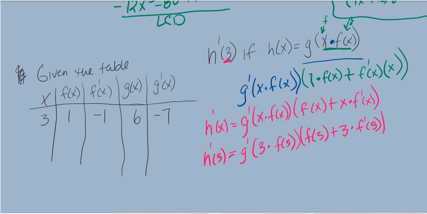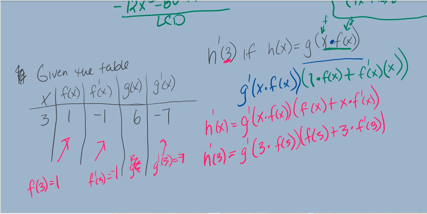Okay? Now, we need to use our table. Our table is saying that f of 3 is going to equal 1. If we have f prime of 3, that is going to equal -1. If we have g prime of 3, then that is going to equal -7. All right? So now let's plug it in.